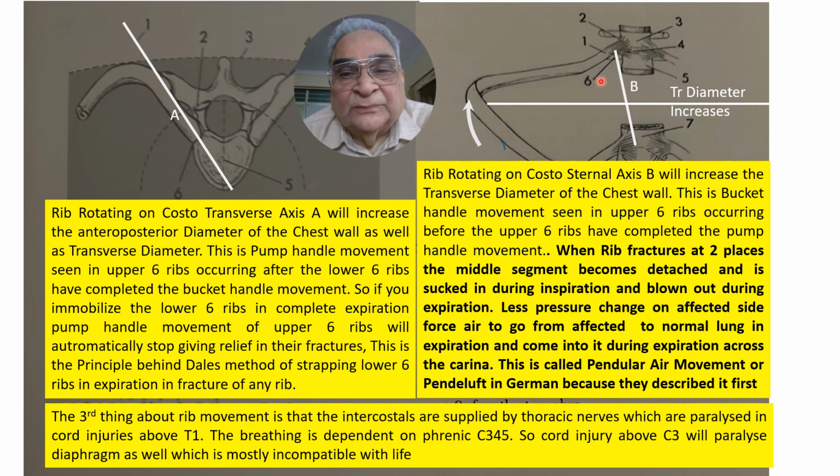Now, because of this paradoxical movement, the pressure changes on the affected side would be less as compared to the opposite side. So less negative pressure on the affected side as compared to the opposite side will make the air move from the affected to the normal side, and less positive pressure on the affected as compared to the normal side in expiration will make the air move from the normal to the affected side across the center of the trachea.